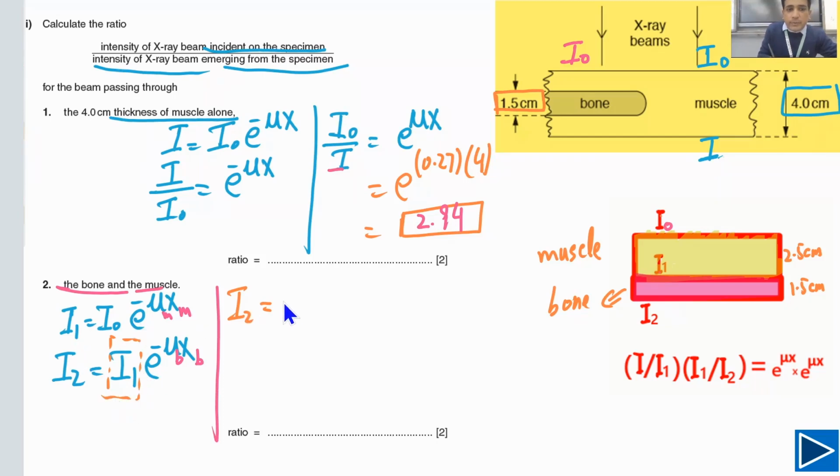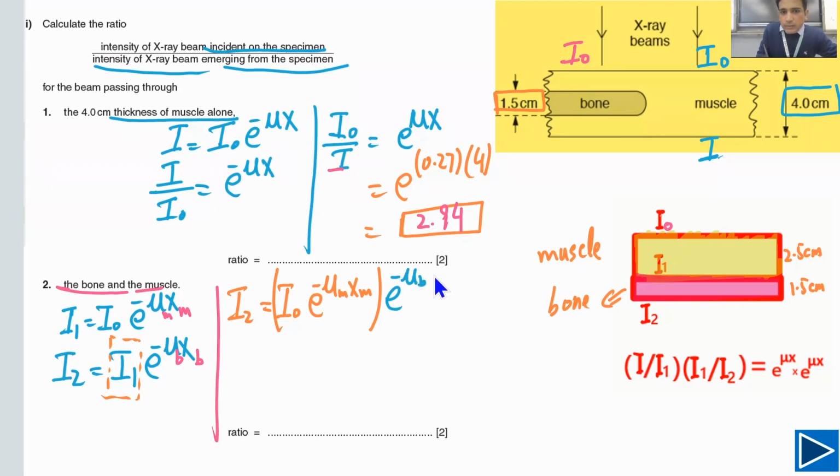I will write here I naught e to the power of negative mu, for the muscle, and this x is also for the muscle, so we can use M here. Very important concept. So this is the value of I1. Next, you have to multiply this with e to the power of negative mu.